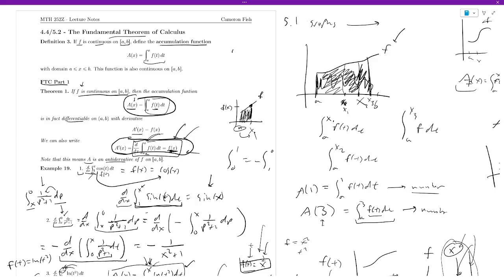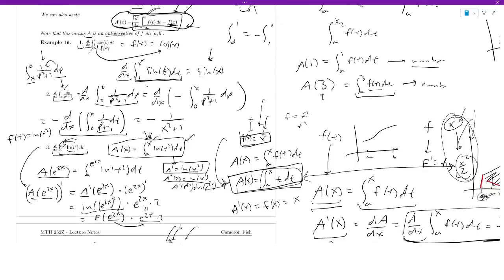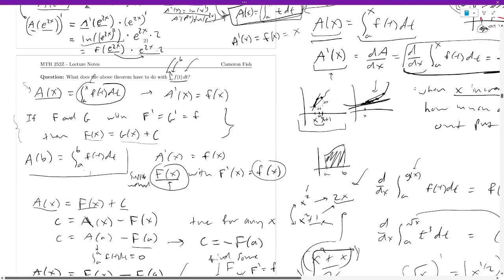So given any function, I can build a new antiderivative of it just by integrating it. Starting with any function, if I build this new function, that will be an antiderivative of my original function.